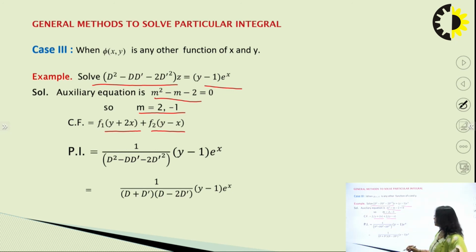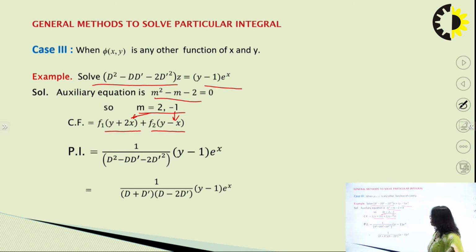So we have distinct roots, that is why we have considered the first case. This is my complementary function part corresponding to the value of m as 2. This is my complementary function part corresponding to the value of m as minus 1.